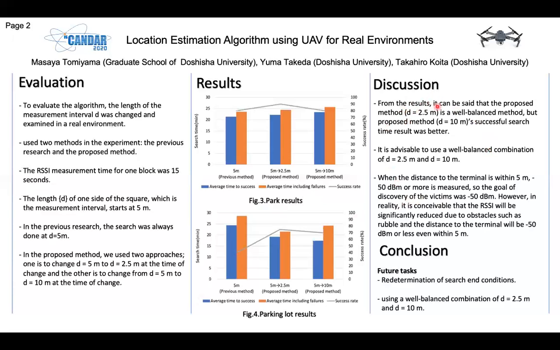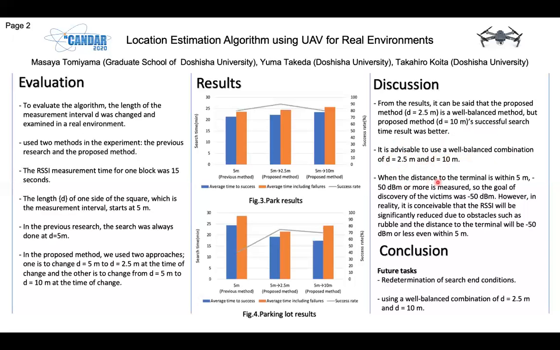And next, I will explain the discussion. From the result, it can be said the proposed method d equals 2.5 meters is a well-balanced method, but the proposed method d equals 10 meters had a better successful search time result. It is advisable to use a well-balanced combination of d equals 2.5 meters and d equals 10 meters.